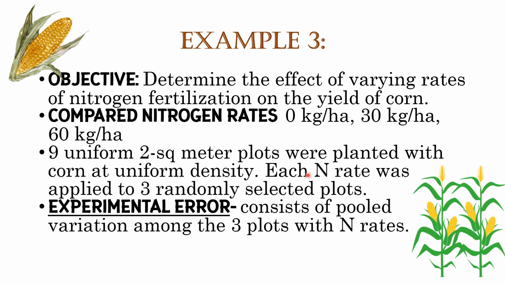Each nitrogen fertilization rate was applied to 3 randomly selected plots, in other words, we have 3 replications. So the experimental error consists of pooled variation among the 3 plots with the same nitrogen fertilization rate. For example, I have given them 30 kilogram per hectare, so any variation among the 3 plots will be our experimental error.